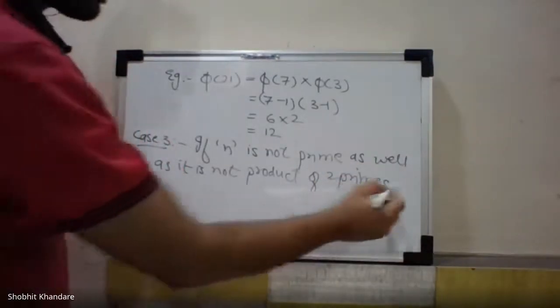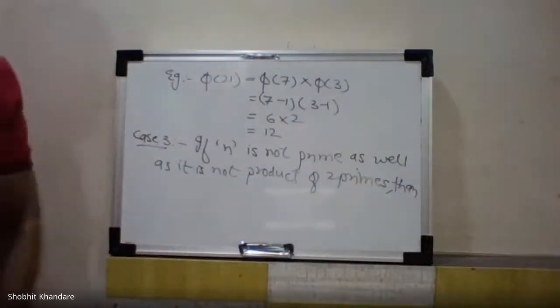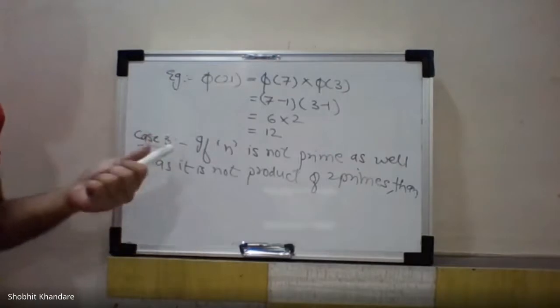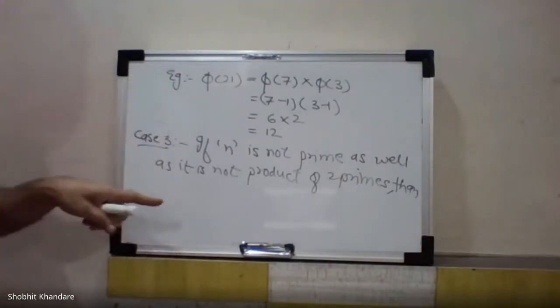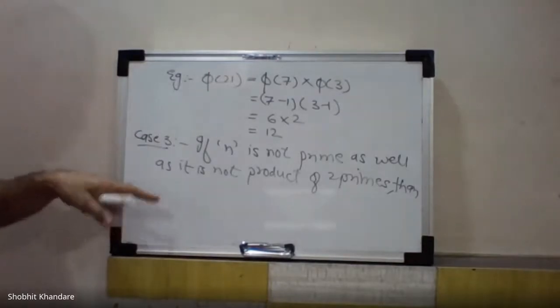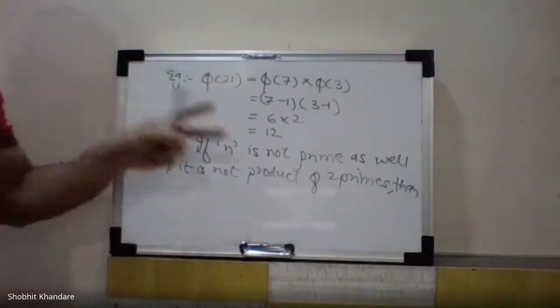then that means if the number doesn't fall in case 1 and if it doesn't fall in case 2, in such a condition you have the third case, which is the last case. So how do you get the phi of n, where n is not a prime number as well as it is not the product of two prime numbers?